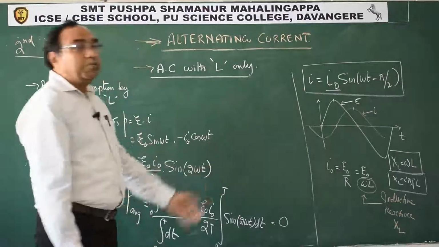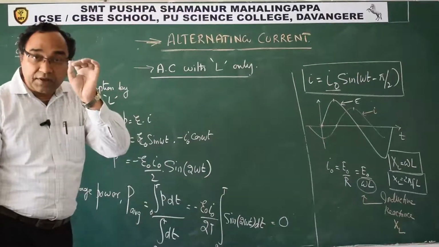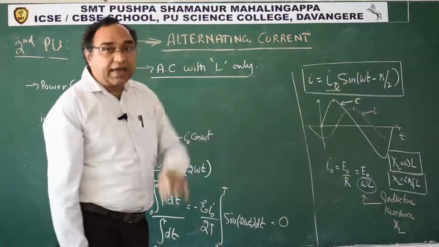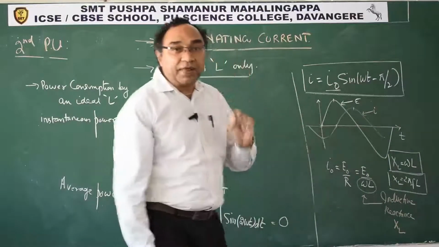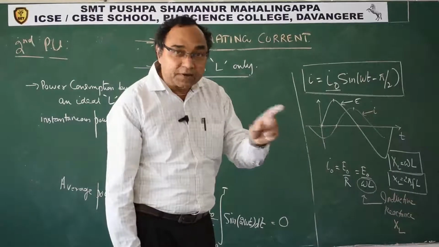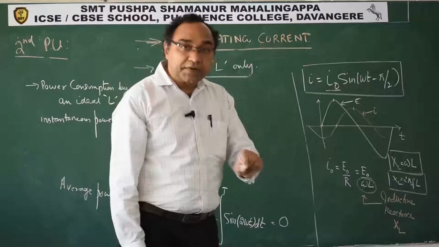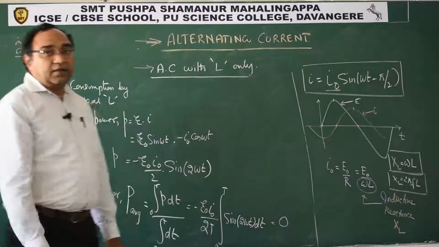That is the behavior of L only. Students, you have to be very clear how L behaves. So if only L is there, phase difference is 90. But if L is placed with any other component, phase difference will not be 90, it will be something else. But the behavior will be lagging. Here we have seen lag.